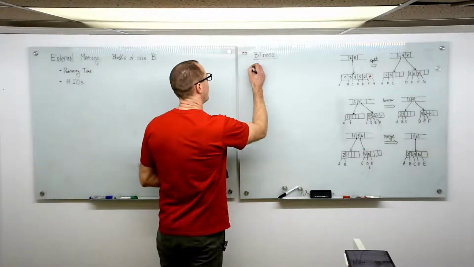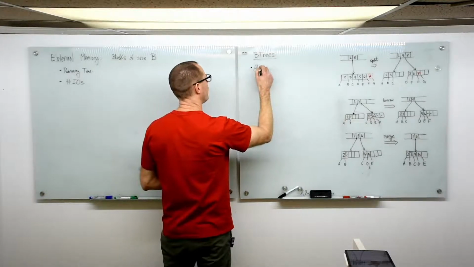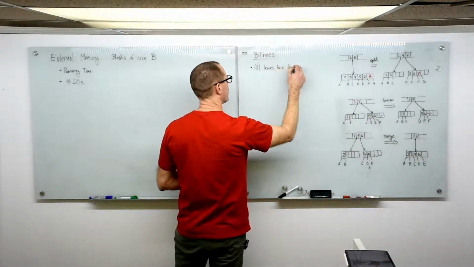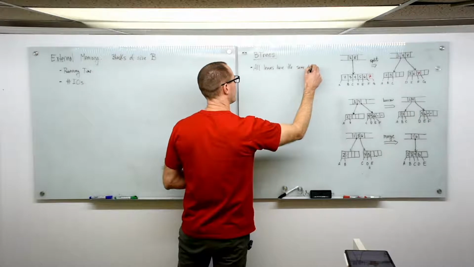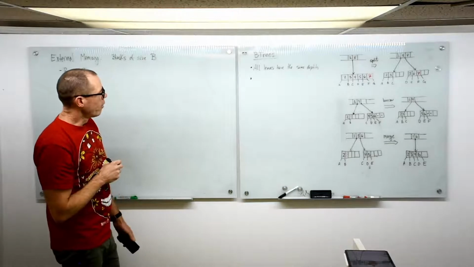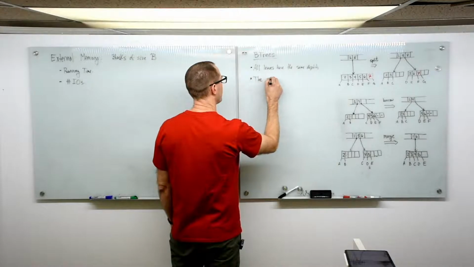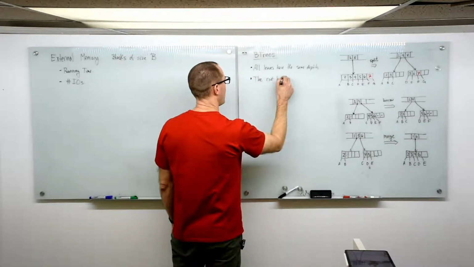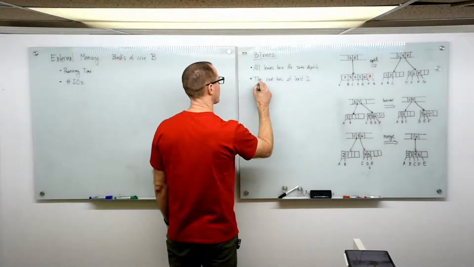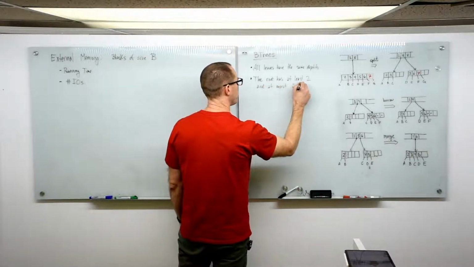So B trees. It's a tree where all the leaves have the same depth. And all right, so the root has at least 2 and at most 2 times B children.